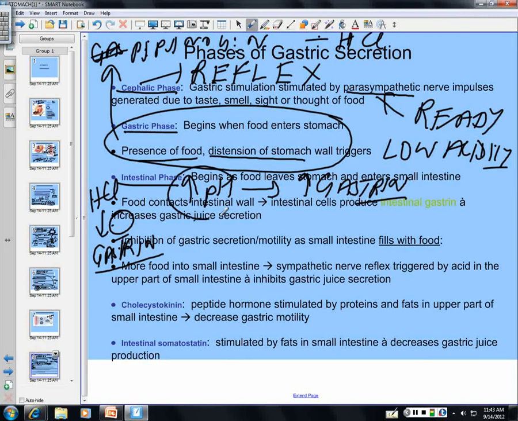So what will happen? You want to digest the protein. So it will stimulate gastrin secretion, which will stimulate pepsinogen. Remember, pepsinogen is the inactive form, pepsin the active form, and gastrin will also stimulate hydrochloric acid. So hydrochloric acid will convert pepsinogen to pepsin, and then finally digestion of the proteins will take place.